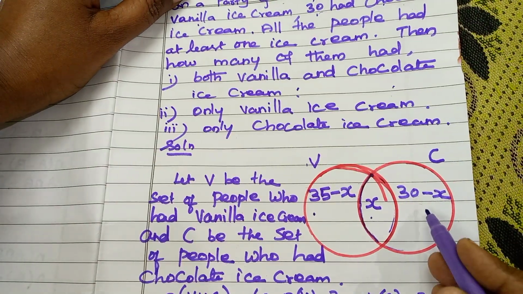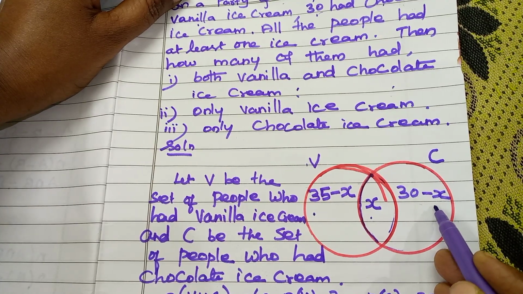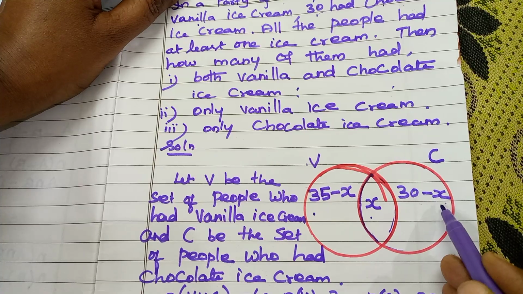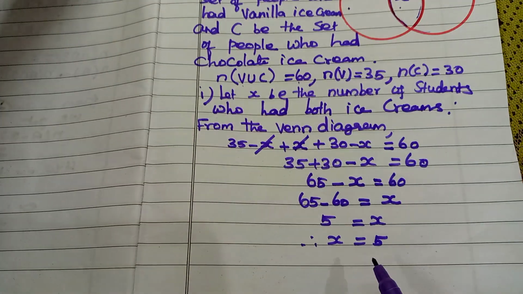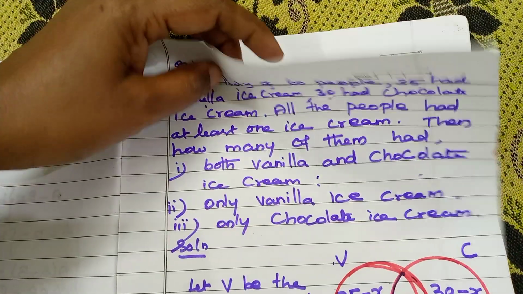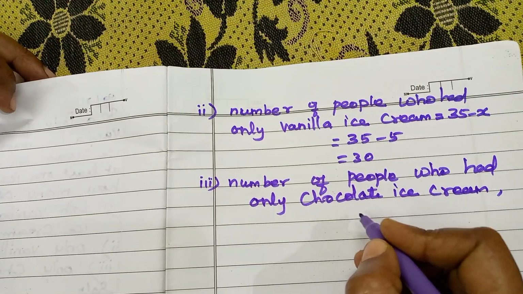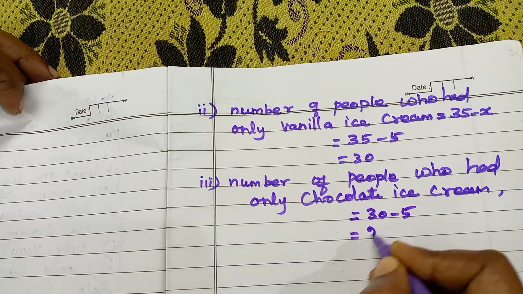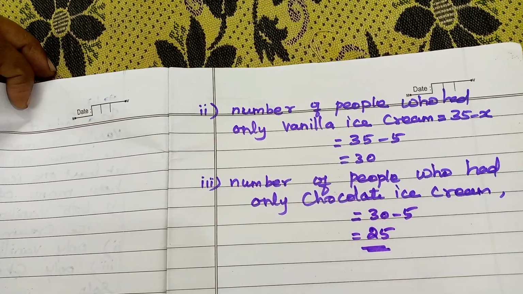Only chocolate ice cream is 30 minus X. So 30 minus X is 30 minus 5, X we have 5, is it? So 30 minus 5 is 25, which is equal to 25. Understood, students?